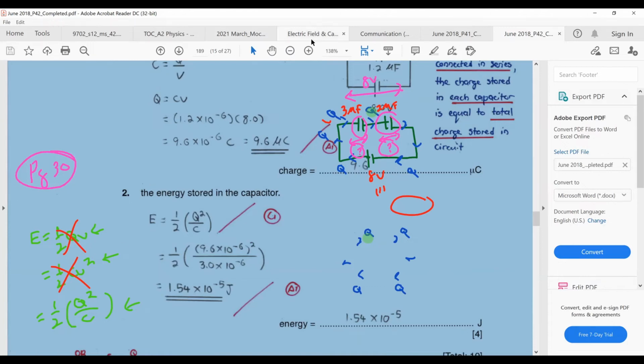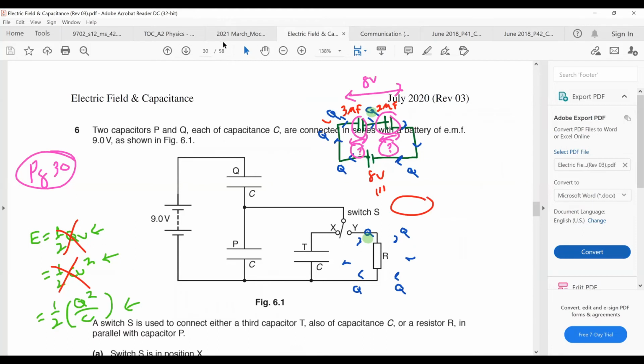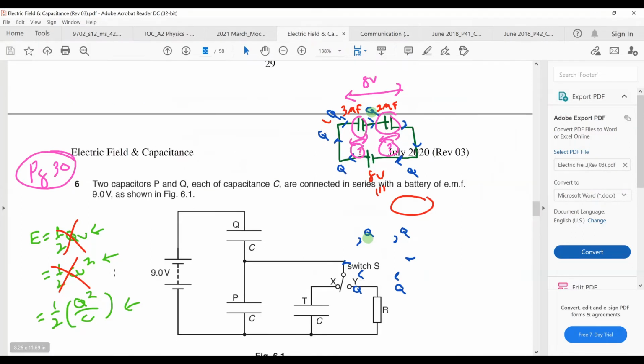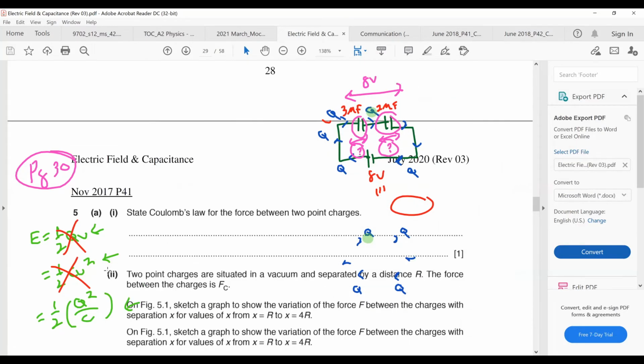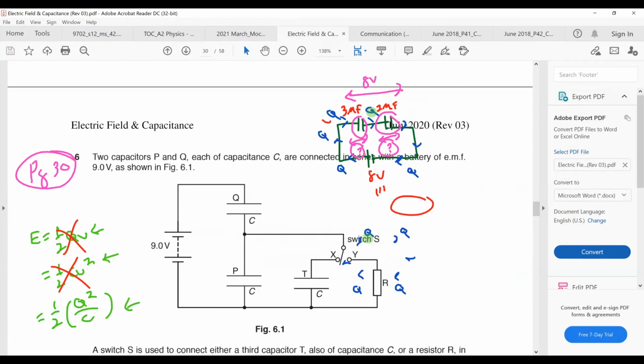This is your last capacitance question. All right, just have a look at page 30. It's something related to the switch again. Page 30, this one is November 17 P41.